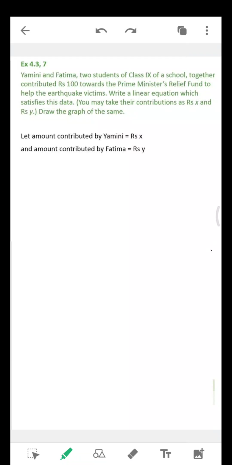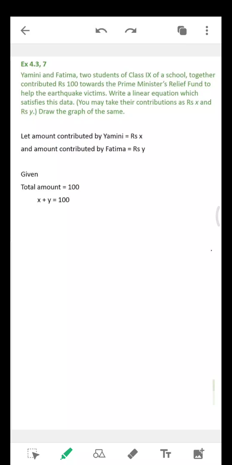So contribution of Yamini be X and contribution of Fatima be Y. Both of them contributed 100 rupees. So I'll write X plus Y is equal to 100 because the total amount is 100. This is our linear equation.